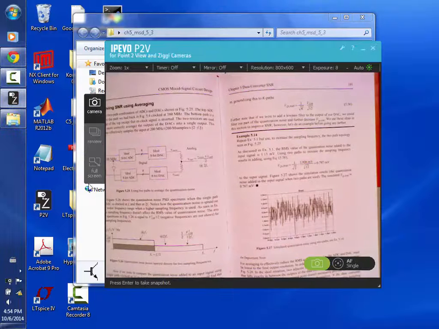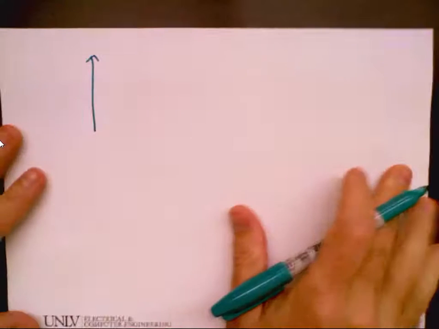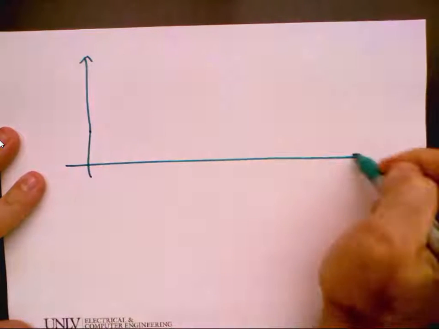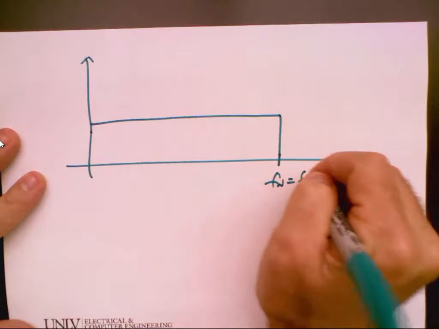derivation. And so the whole point of this is that we take the spectrum that we have in the quantization noise that looks like the following. We assume it goes to the Nyquist frequency.